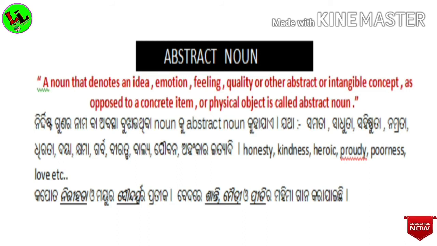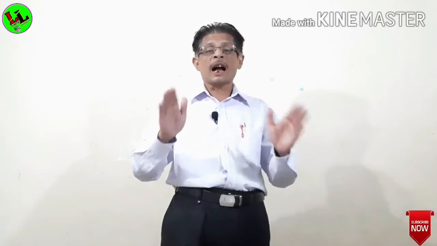We can take some examples like honesty, kindness, heroism, pride, poverty, love, etc. These are some examples, and it refers to quality of a person or quality of a thing. That is called abstract noun.